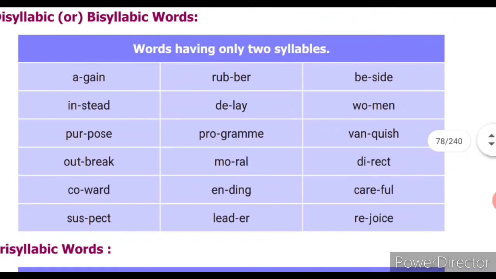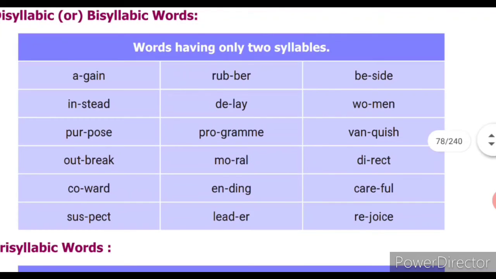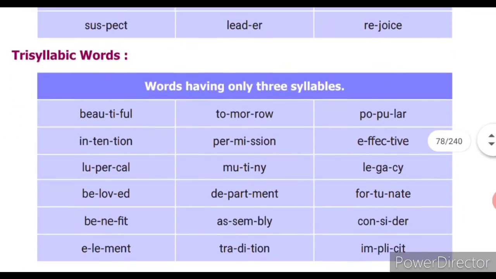Rubber: here we have two consonants and I am going to divide between the consonants. Okay, children? Yes? Delay, woman, it's all the same thing. That consonant is going with the second vowel sound. Why? Because the first vowel is a long sound.